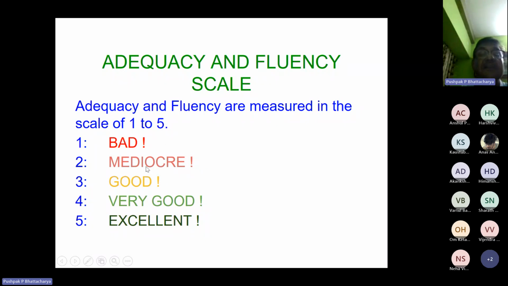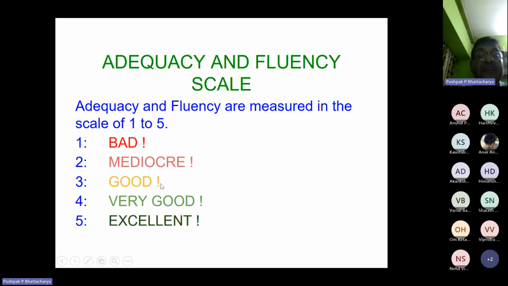I think everywhere you will see this is the range which is adopted. Where 1 means bad, 2 means mediocre, 3 means good, 4 means very good, and 5 means excellent. So this is how the sentences are given the value between 1 to 5 on that scale. 3 is good, 4 is very good, 5 is excellent.